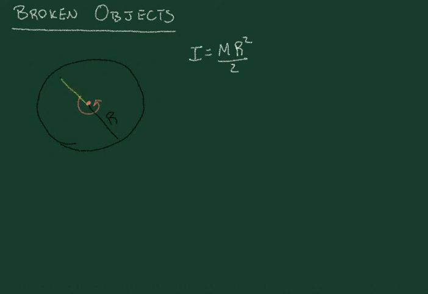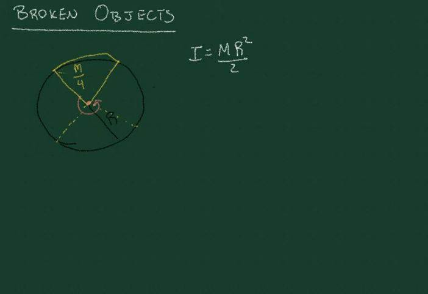Let's say we just have a wedge like this, and let's say this wedge is a quarter. So imagine cutting this disk into quarters. So let's say this is just a quarter of that. In other words, the mass of this is the mass of the original disk over 4.